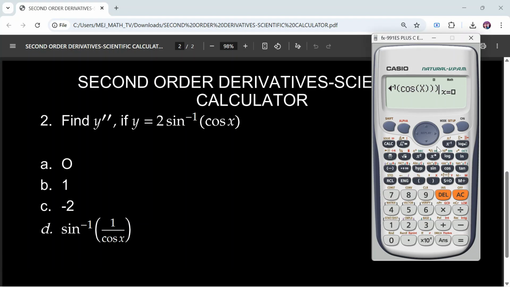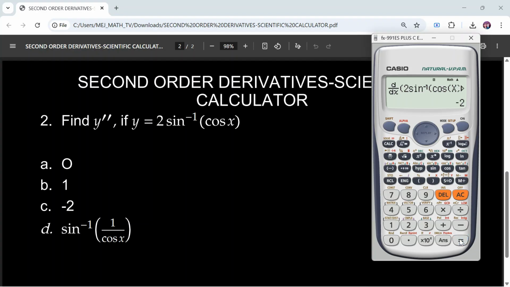Then we want to evaluate the differentiation at the point that we have stored. We have stored x as 2. So we want to enter 2 here. If you have chosen x as 5, then 5 should be here. If 0.5, then 0.5 should be here. And then press equal to.